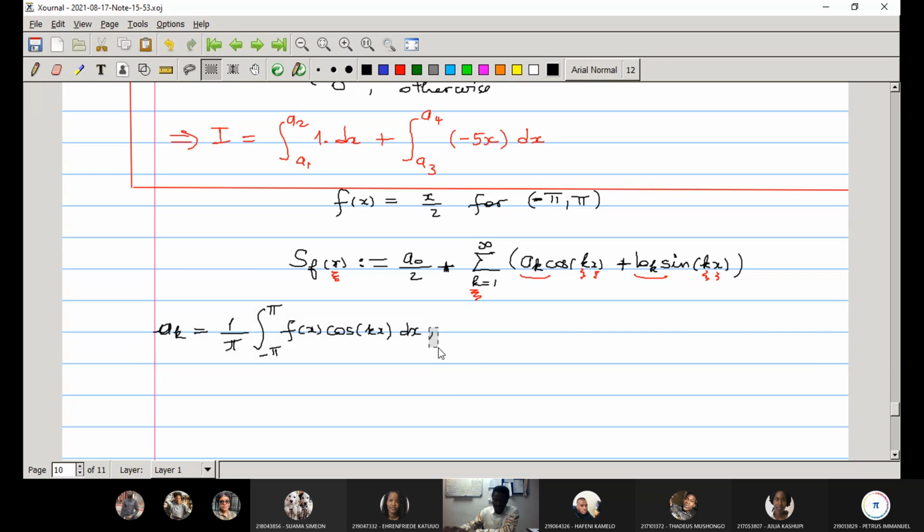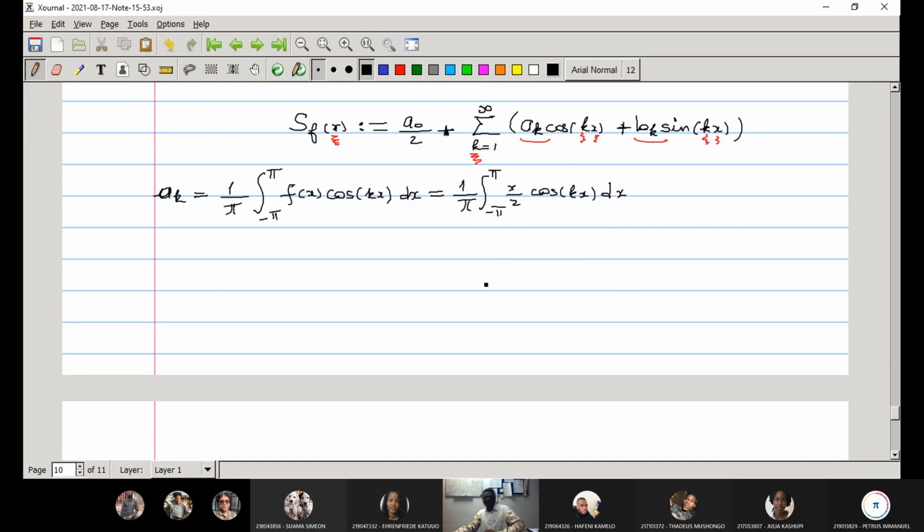So I can already substitute this. What is the value of f of x over the interval negative pi to pi? It is x over 2. So I can substitute x over 2 like this, and then cosine kx dx. All right.